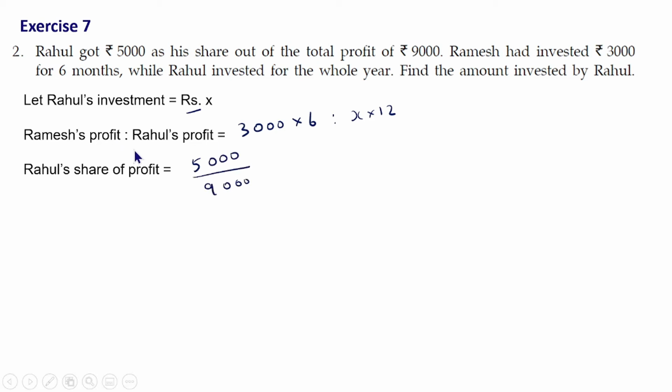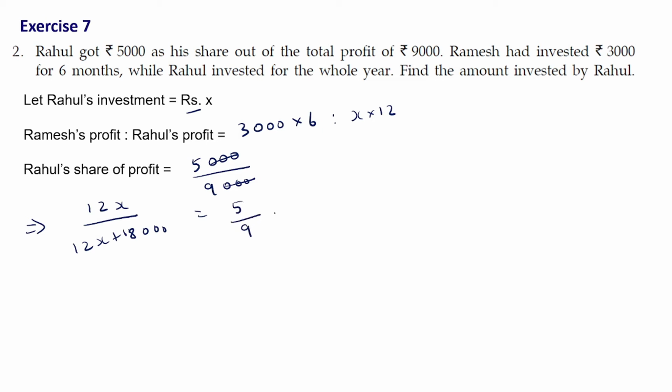So from here we can see that Rahul's share of profit is 12x by 12x plus 18,000. So this implies 12x upon 12x plus 18,000 is equal to 5 by 9.